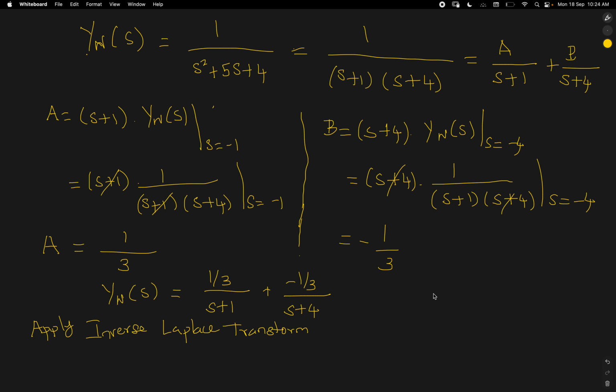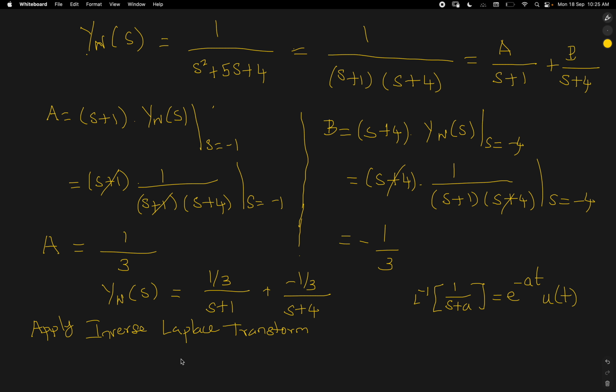So the formula is: the inverse Laplace transform of 1 by s plus a is equal to e power minus at u of t. Use this formula for all the terms.